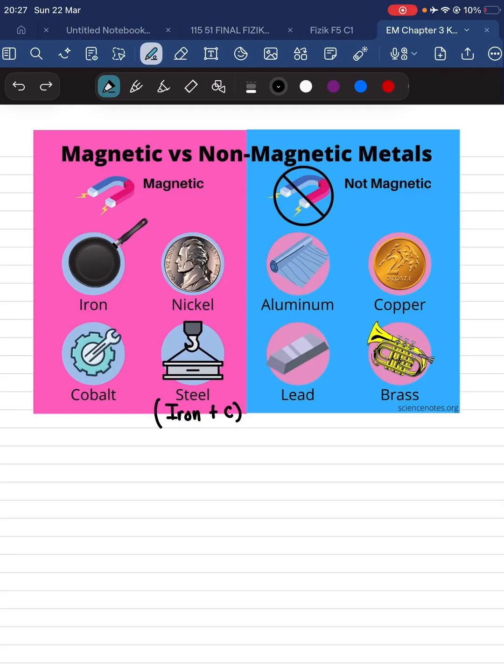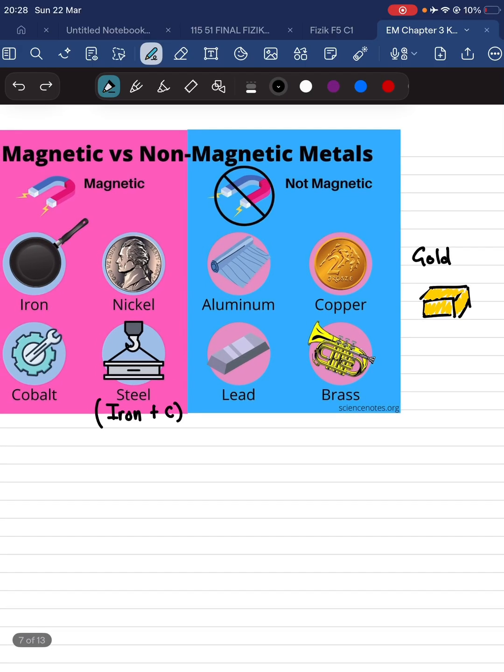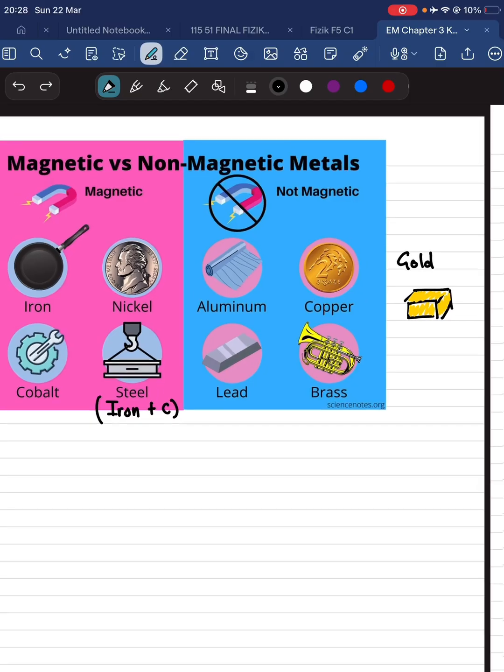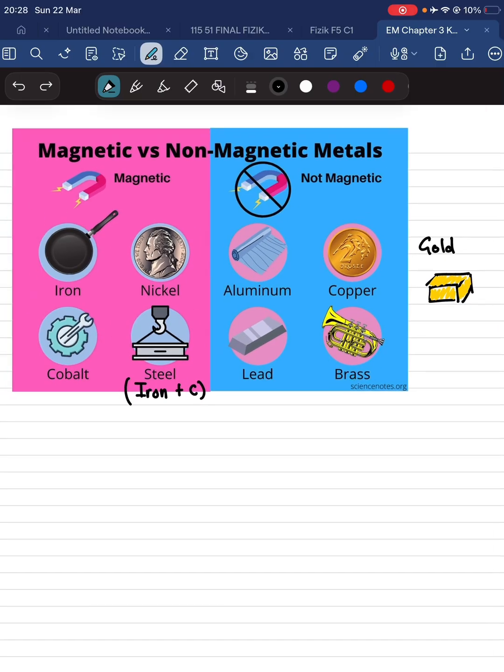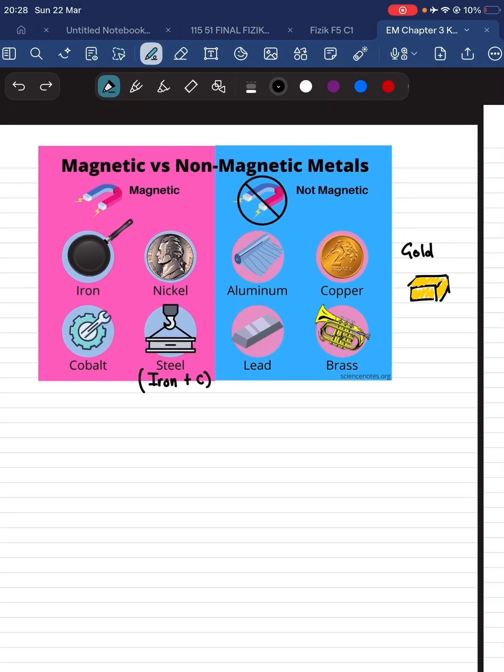Steel is just an alloy, a combination of iron and carbon. And what about the non-magnetic? If you place aluminum or lead near the magnet, it won't be attracted to the magnet itself. This is the example: we have gold, silver, brass, copper, and so on and so forth.